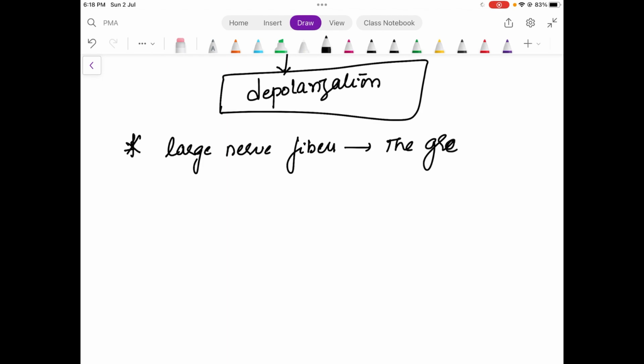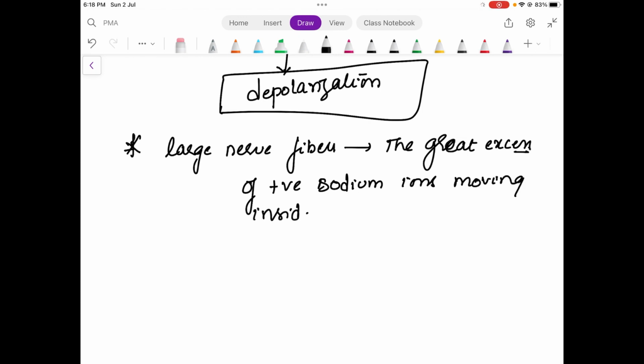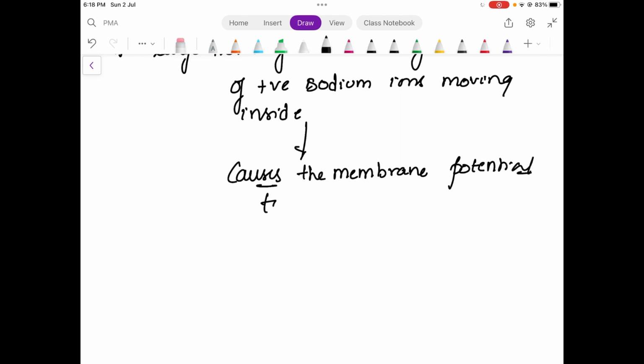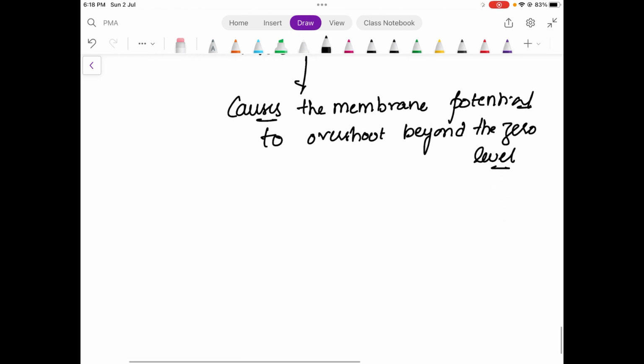The great excess of positive sodium ions moving inside causes the membrane potential to overshoot beyond the zero level. We'll see that.